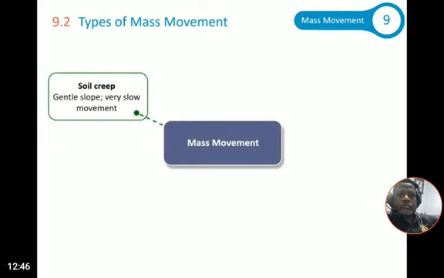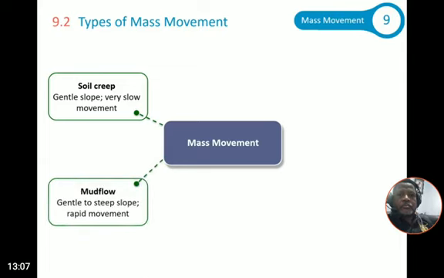So under this topic, we have 4 different types that we're going to look at in more detail in the later slides, that are the different types of mass movement. The first one is called soil creep. It's a very slow movement of soil, and it's the slowest type of mass movement. Secondly, we have mud flow, which is gentle to a steep slope, and it's quite fast.